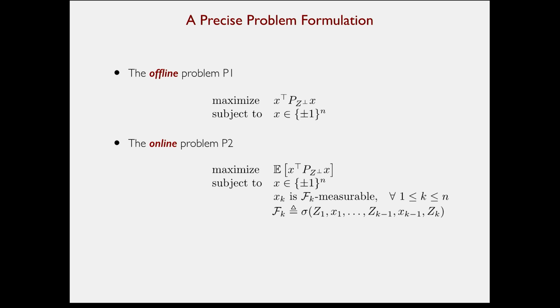The online problem, which is a little bit hairier, is the following. At the end of the day, I care about the same metric, the efficiency of my estimate, but now I can only talk about the expected efficiency, and this expectation is over the process of covariates z that actually arrive over time.